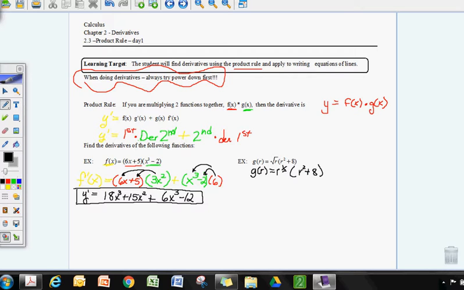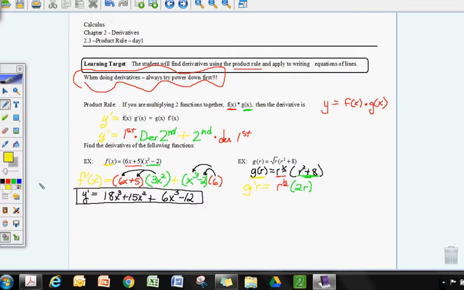Okay, so following my colors like I did before, the g of r here, so g prime of r equals, first term is in red, that is r raised to the 1/2 power, times the derivative of this second thing, which would just be 2r.